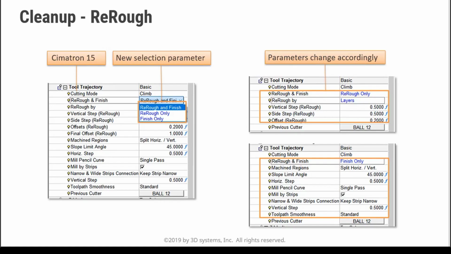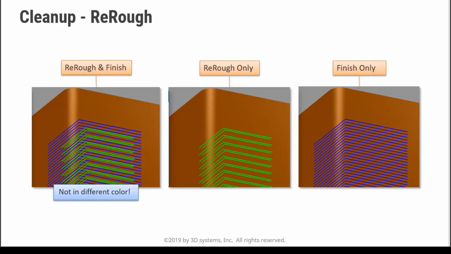In version 15, there is a new drop-down parameter with three available options: reref and finish, reref only, and finish only. The parameters now change according to the selection. In this example, you can see the difference between the three options: finish only, reref only, and reref and finish.